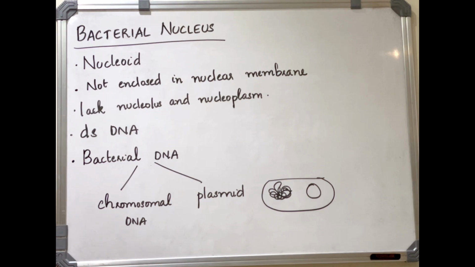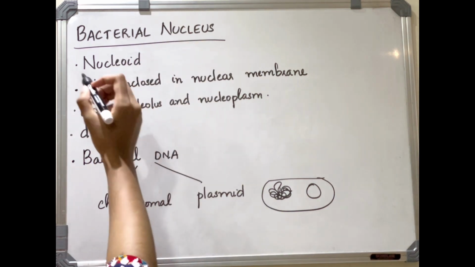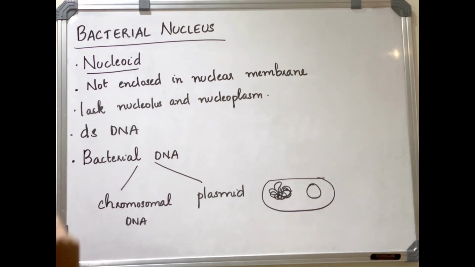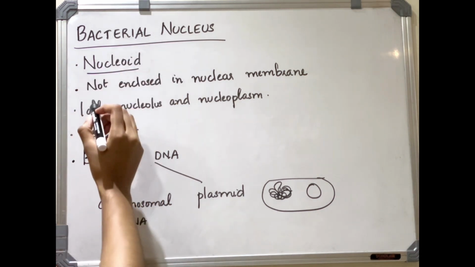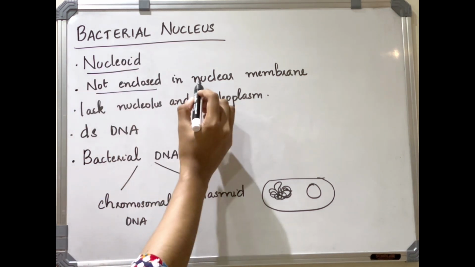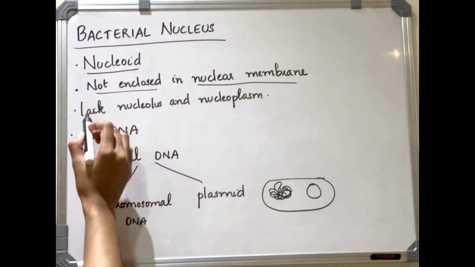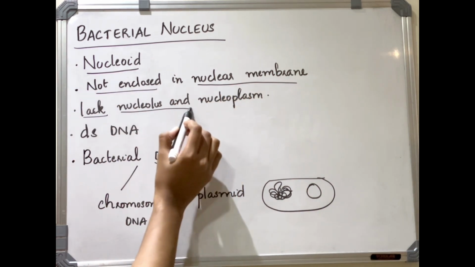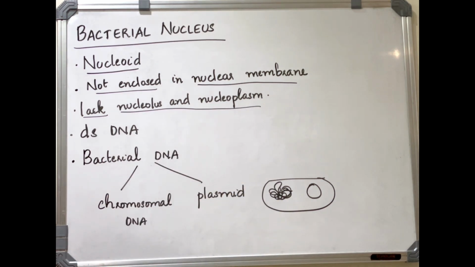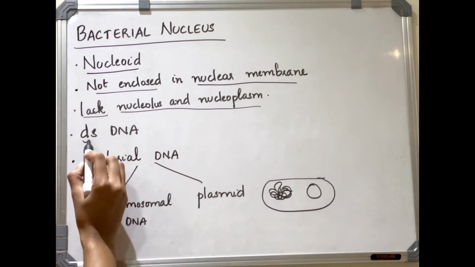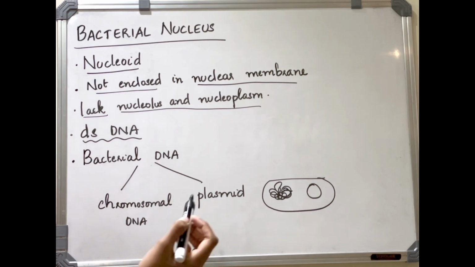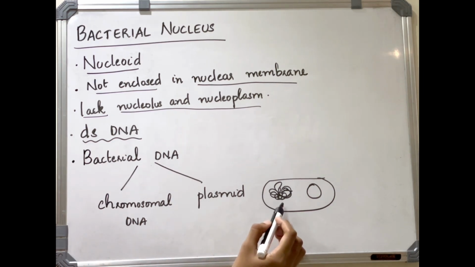Bacterial nucleus. Now this bacterial nucleus is also called the nucleoid. This nucleus is not enclosed in any nuclear membrane, and they lack nucleolus and nucleoplasm. It is represented by a double-stranded DNA molecule either in a coiled form or in closed circular form.